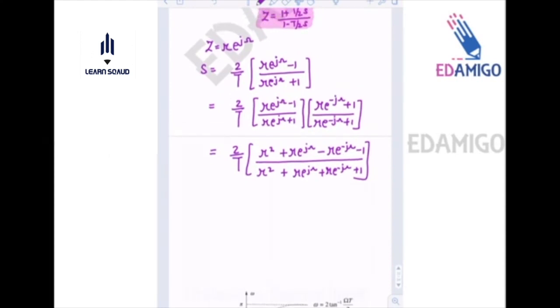Okay, now we will solve this. We will get 2 upon capital T. So this will give us a cos term, and this will give us a sine term.